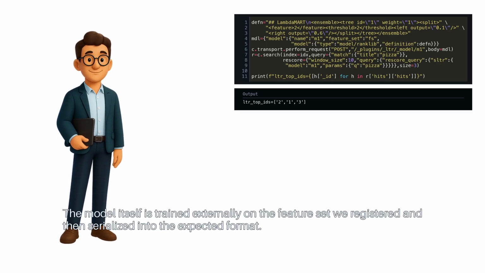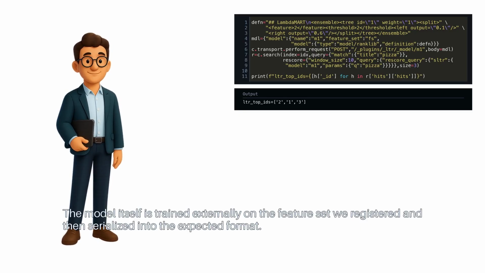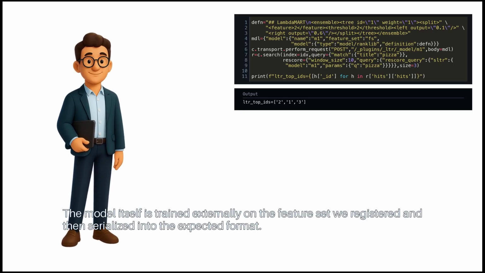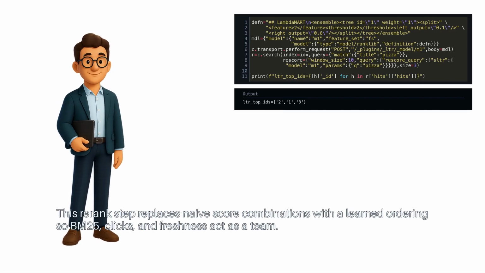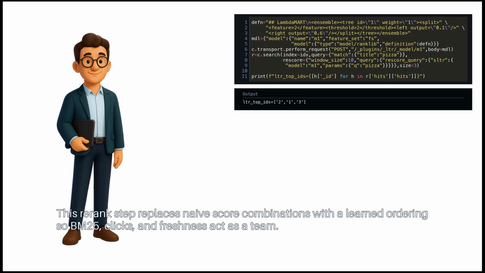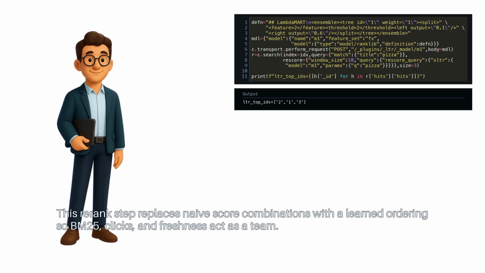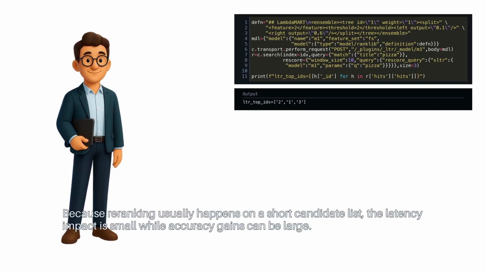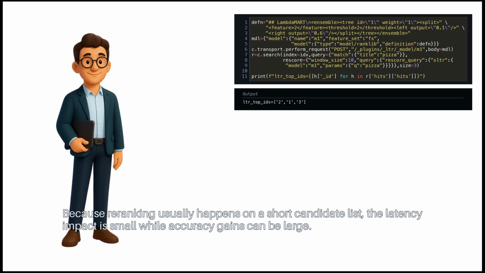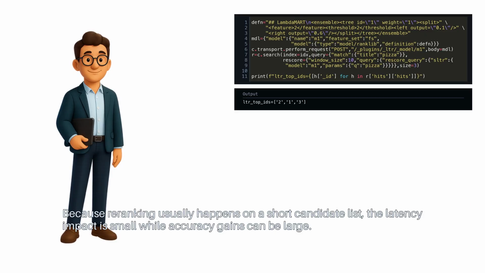The model itself is trained externally on the feature set we registered, and then serialized into the expected format. This re-rank step replaces naive score combinations with a learned ordering, so BM25, clicks, and freshness act as a team. Because re-ranking usually happens on a short candidate list, the latency impact is small, while accuracy gains can be large.